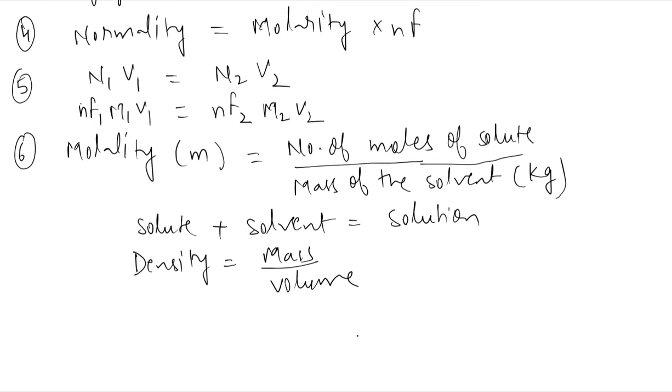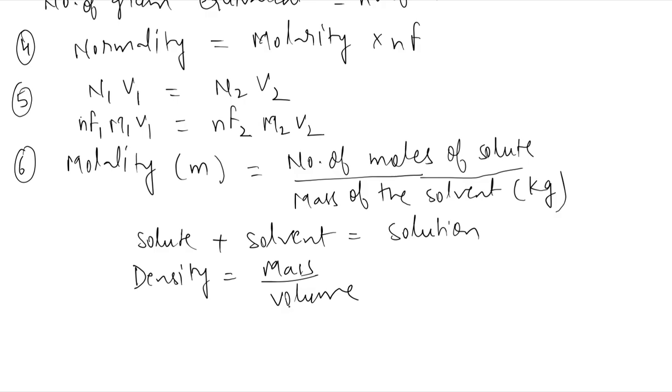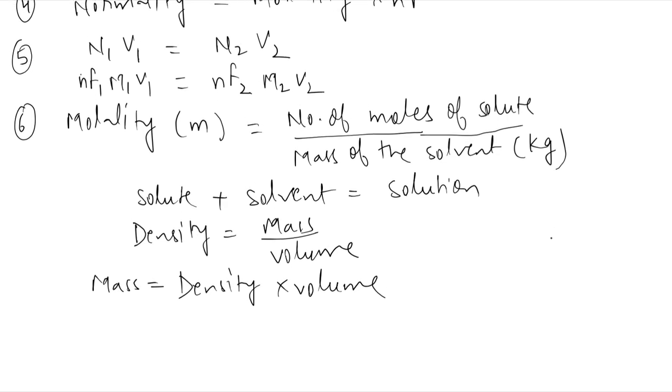In numericals you will be provided with the density and also with the volume, so you can easily calculate the mass, that is density multiplied by volume. Most of the time in case of molality you are provided with the density and volume only, so you just have to multiply these two and put it here. And sometimes you will get this in gram, you need to convert into kg, so these conversions are also very important. These have also been covered in the previous videos.